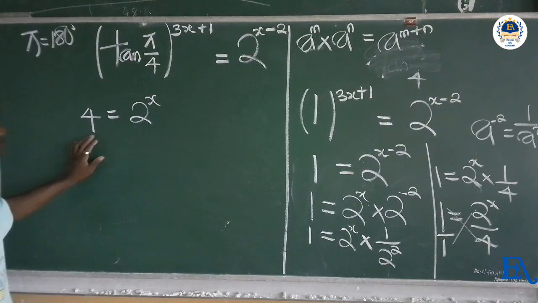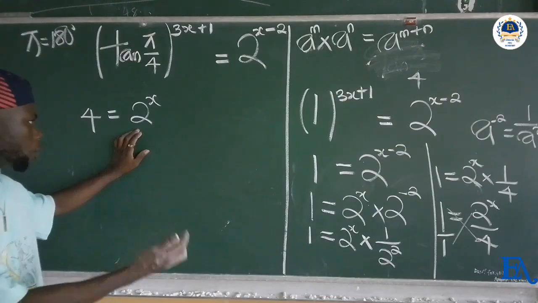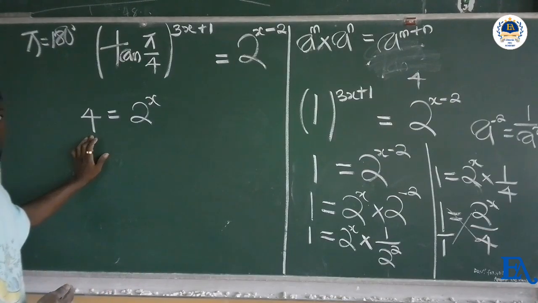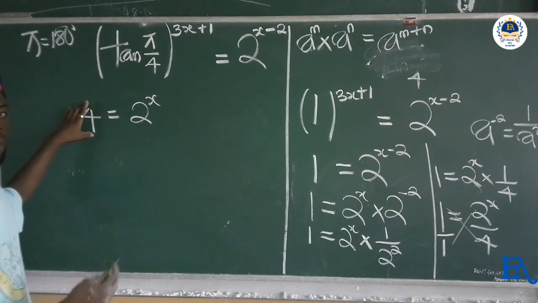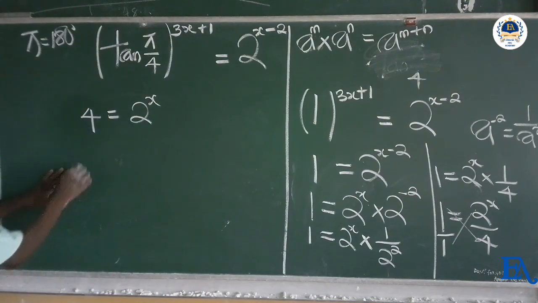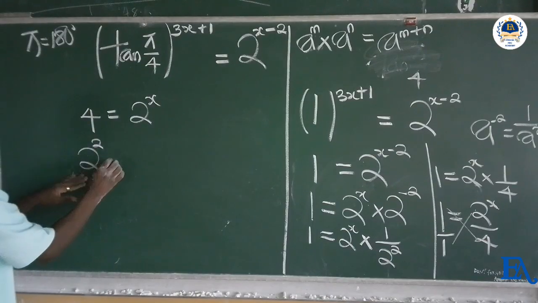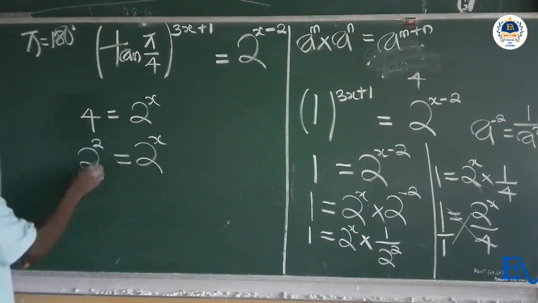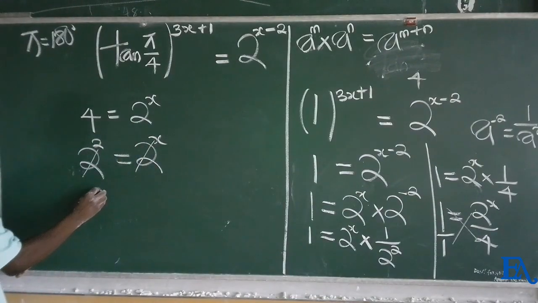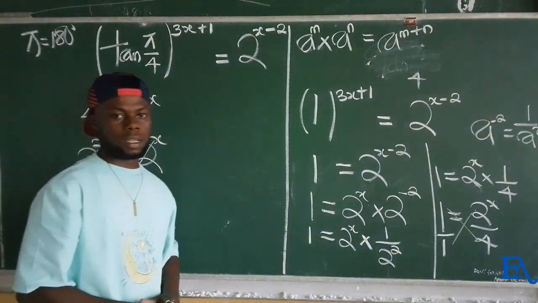At this point, the right hand side is written in exponential form, while the left is not. Let's also change this into its exponential form. That will give 2 raised to the power of 2, which is 4, equal to 2 raised to the power of x. This cancels this, and 2 is equal to x. So the correct answer is 2.